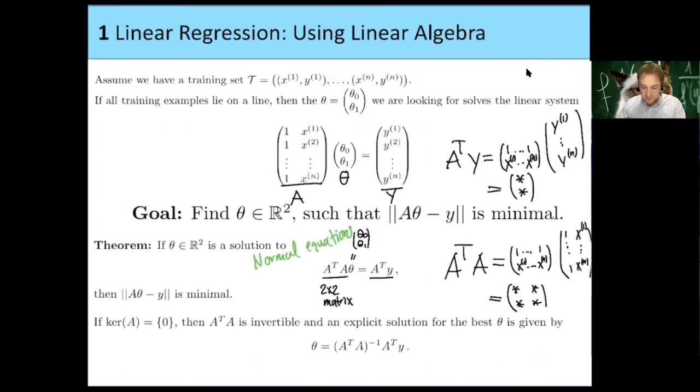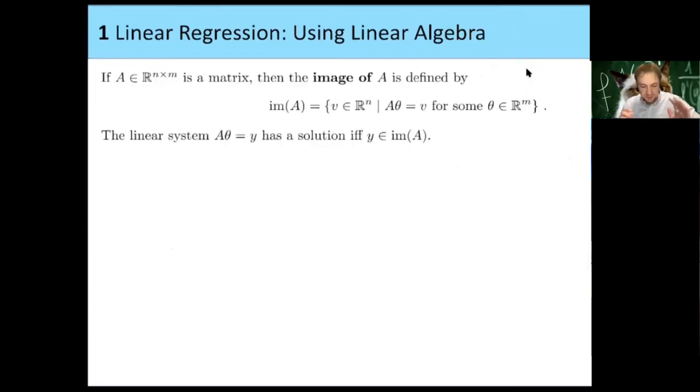If I go back here, the size of this vector, this n, corresponds to the number of training examples. And the m usually in our case will be d plus 1, where d was the number of features. But just don't be confused. Usually you would talk about m times n matrices, but I wanted to use the same n.